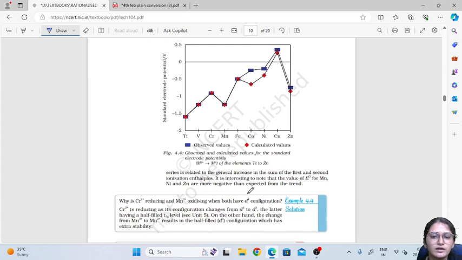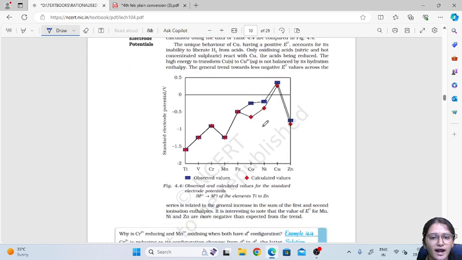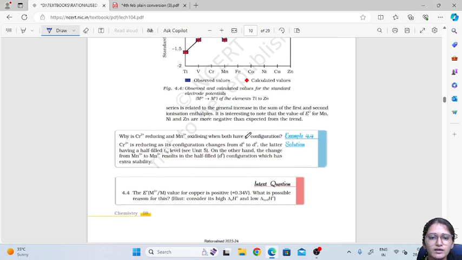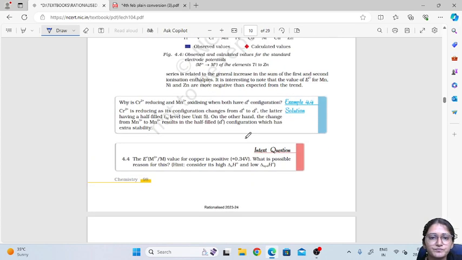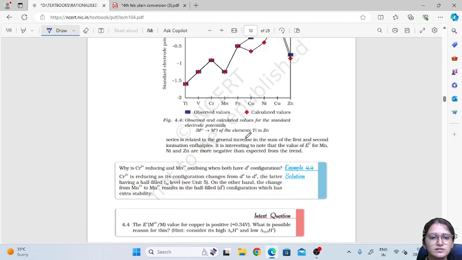Okay, so here we can see this is the graph which shows observed and calculated values for standard electrode potential of some elements, that is from titanium to zinc. Okay, so this depends on their ability to liberate the hydrogen ion in acid. Okay, so here we will see why this is so.